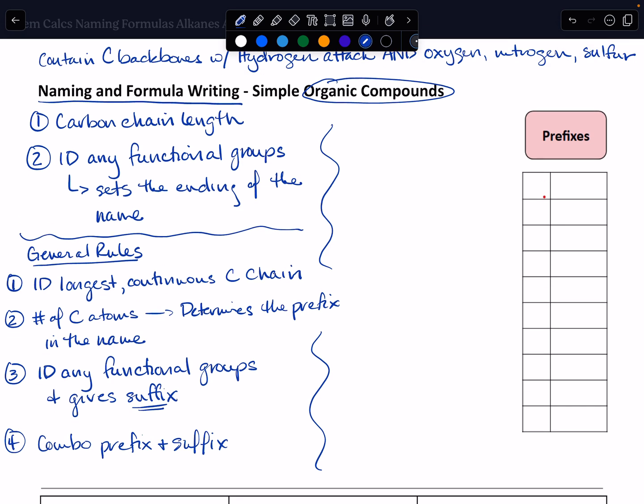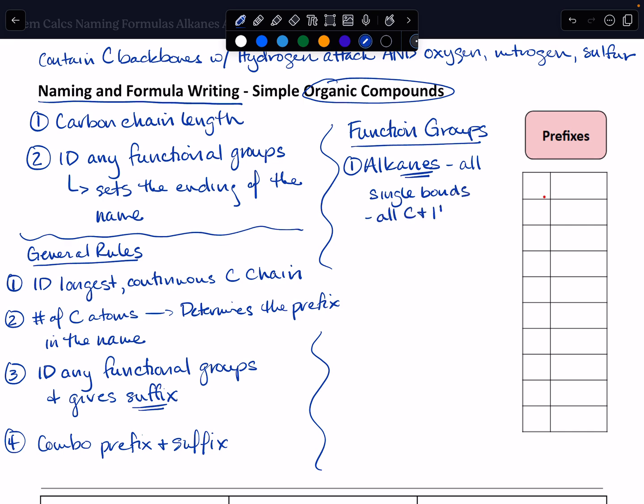All right, now we are going to focus on three different groups of organic molecules. All right, so the functional groups that we are interested in, we're going to start by looking at a group called the alkanes. See that ane ending? All right, so this is all single bonds, and for our purposes, all carbons and hydrogens.